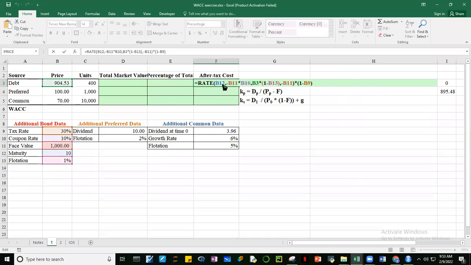So that pag kinuha natin itong B12, the B12 is, that's your maturity, no?